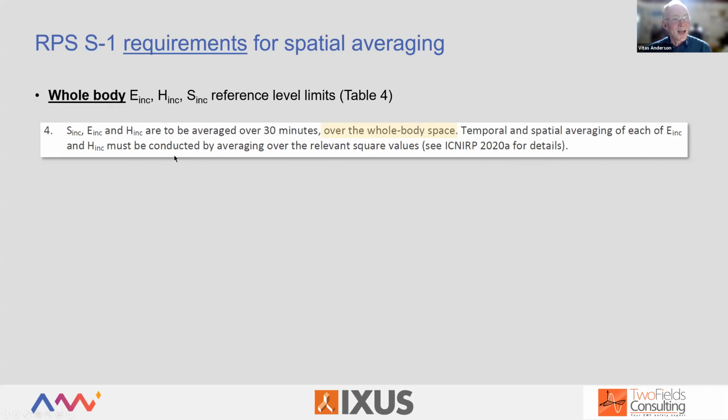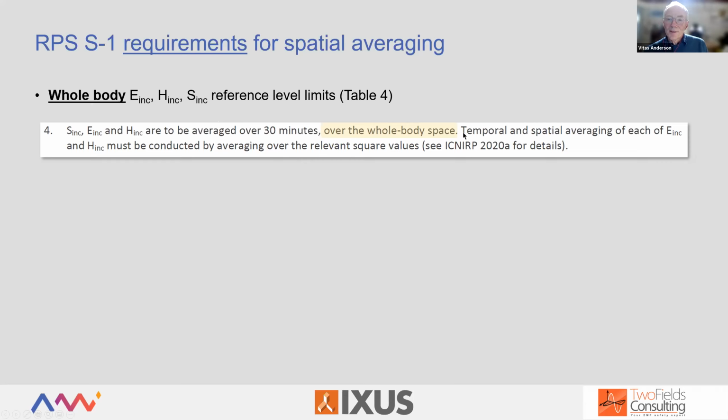But if you turn to table 4, you'll see it has a note that says that the incident power density, E and H, are to be averaged over 30 minutes over the whole body space. So this is actually a requirement now. It's not optional. Previously the RPS 3 said you could do spatial averaging if you wanted to, and it kind of left it up to you. But now it's actually mandating it as part of its definition of the reference level limits, and that's something that's been copied from the new ICNIRP guidelines.